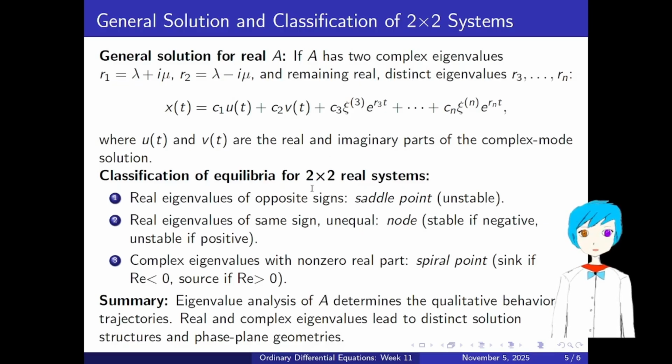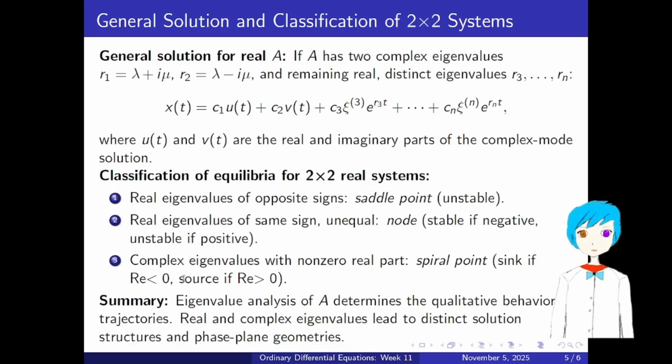Specifically, for a 2x2 real system, two-dimensional ODE, if you want to classify the equilibrium, then we need to think about different cases. Real eigenvalues of opposite sign means that the equilibrium is a saddle point. Real eigenvalues of same sign and unequal means that the equilibrium is a node, which can be either stable or unstable depending on the signs of the eigenvalues.